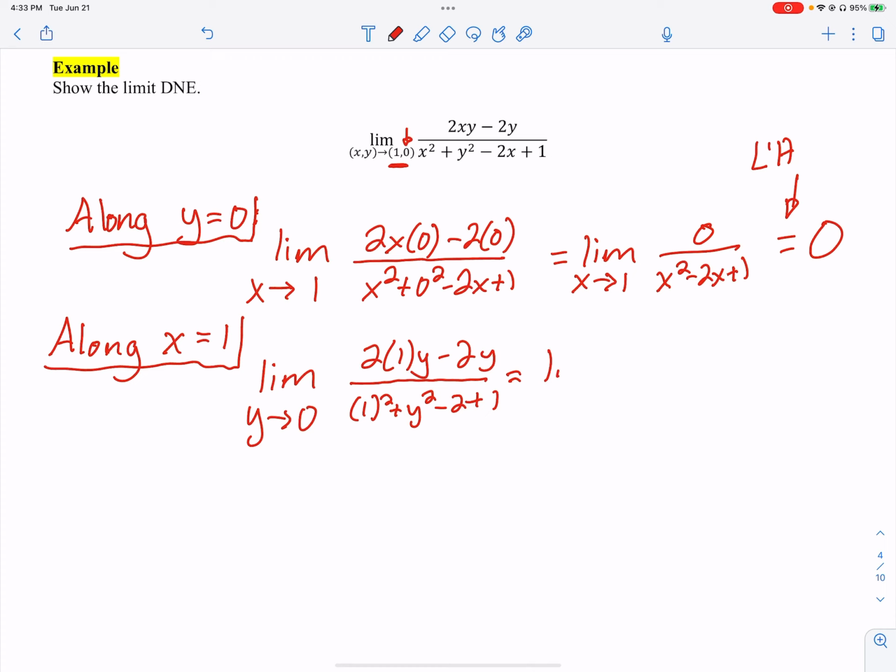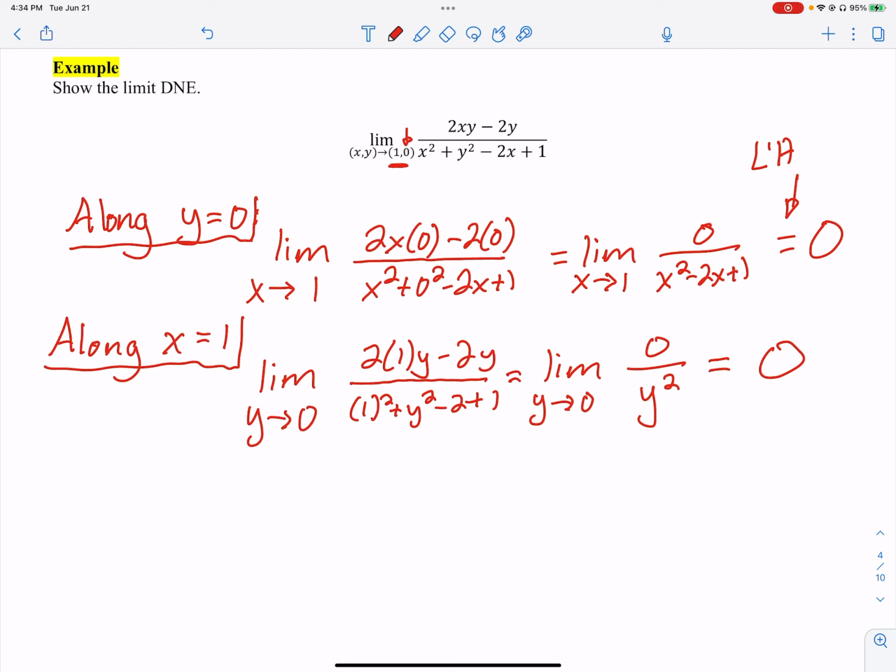Right, I'm keeping my limit. We're writing it every time we take it. Usually we don't even take it till the end. So 2y minus 2y, we get a 0 up top. On the bottom, we get a y squared. That is also equal to 0. You can use L'Hopital's if you wanted to try to plug it in, or 0 over that number would be a constant. All right, so it doesn't work, unfortunately.